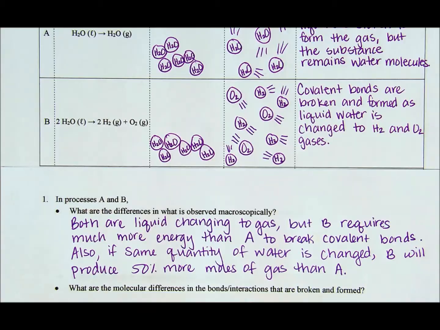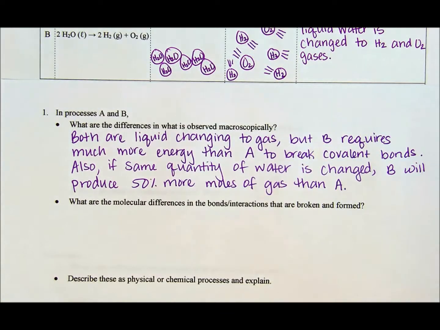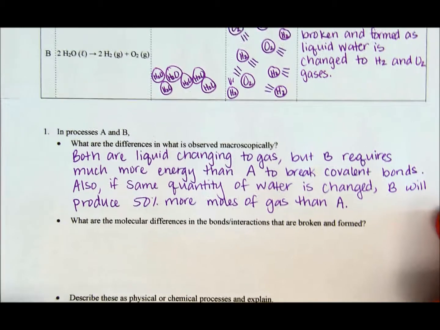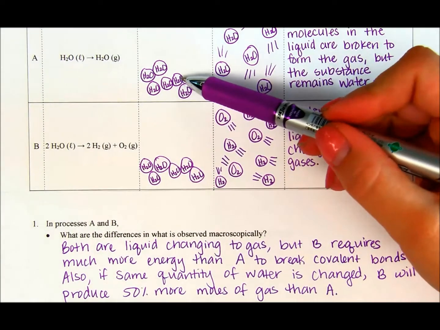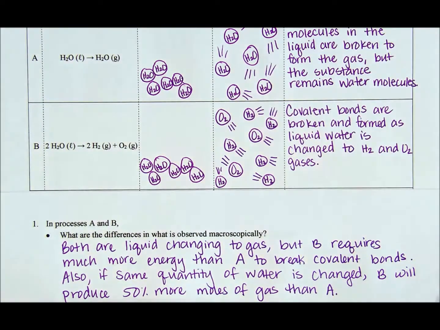Okay, next question. What are the molecular differences in the bonds and interactions that are broken and formed? Well, in this case, A is actually breaking intermolecular forces, and in this case, it's breaking hydrogen bonds, because hydrogen bonds hold water together.